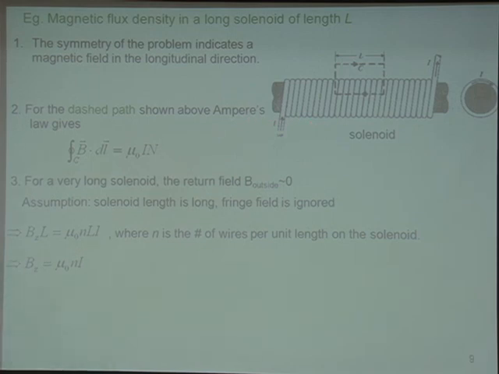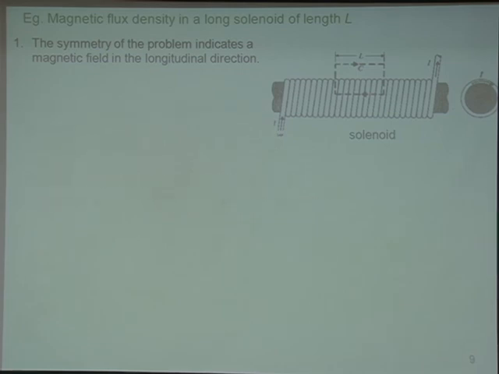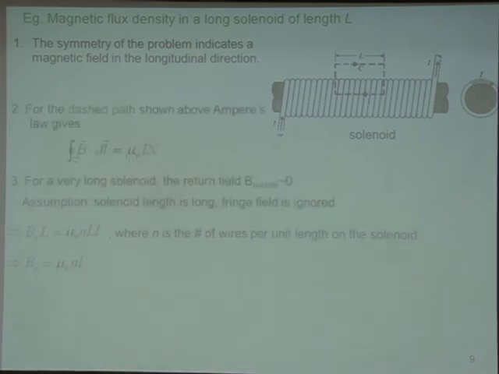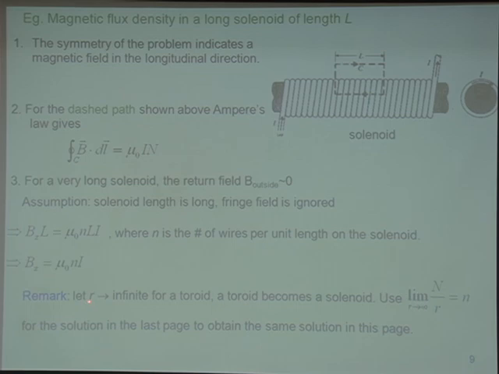And as I just brought out to you that in fact you can calculate, you can derive this expression by allowing the radius of this toroid to be infinite. Okay, so 我刚刚已经把这个式子写给你了。你如果把这个 r 这个 toroid 的这个 r 呢取无限大的时候呢，这个 N over 2 pi r is going to reduce to the number of wire per unit length.